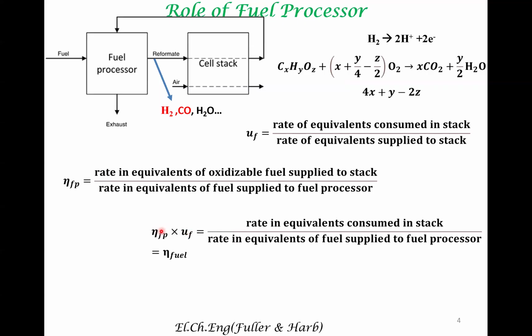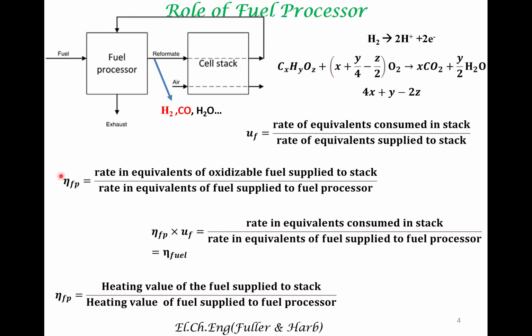In a way, when we multiply these two quantities, we are indicating one aspect, this factor corresponds to this subcomponent. So another way of defining eta fuel processing, instead of using rate of equivalence, we can also talk in terms of heating value of the fuel supplied to the stack.